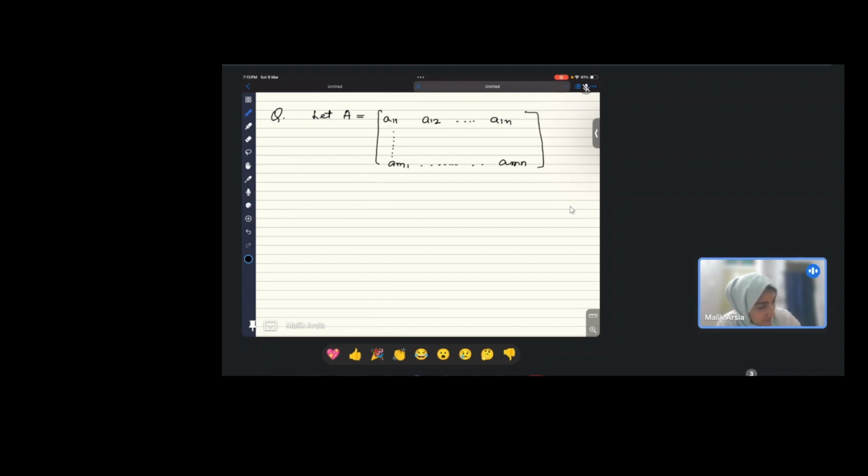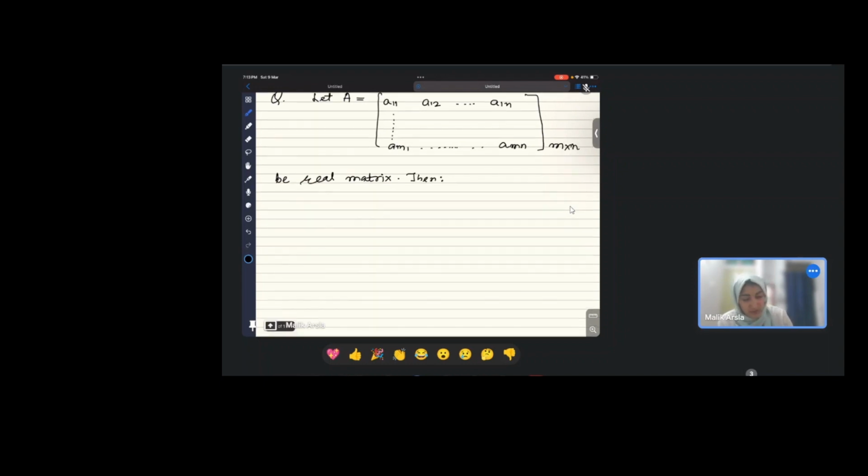Then we have to check which of the following options is correct.